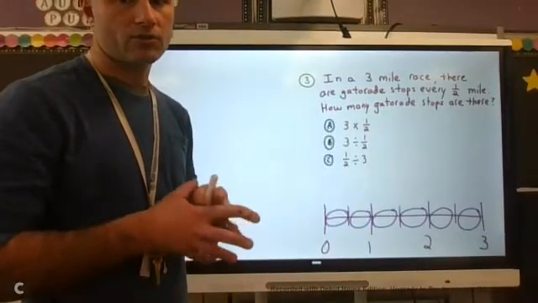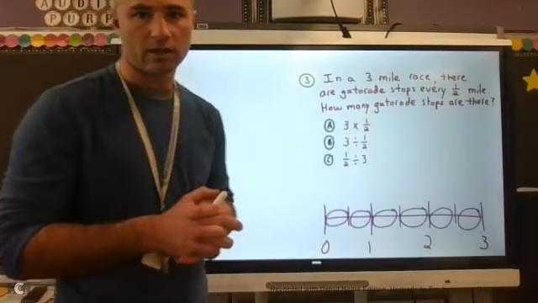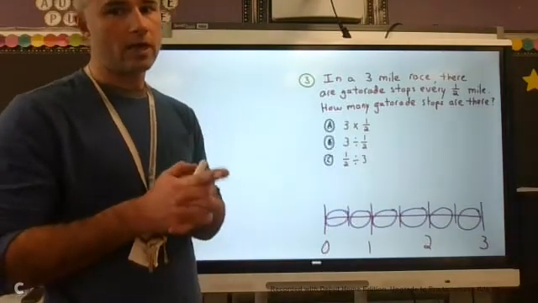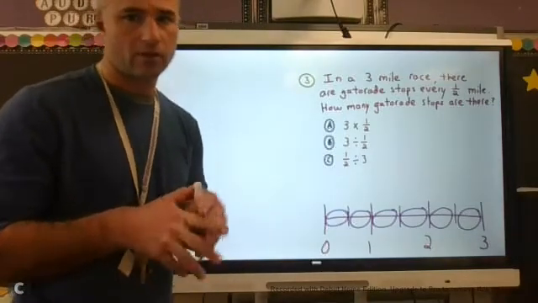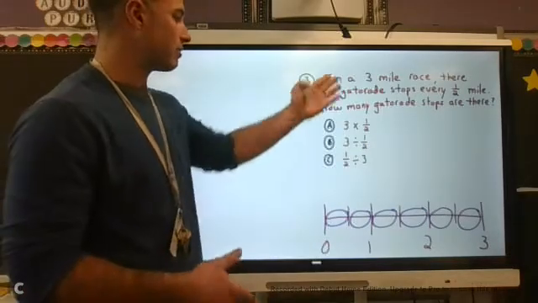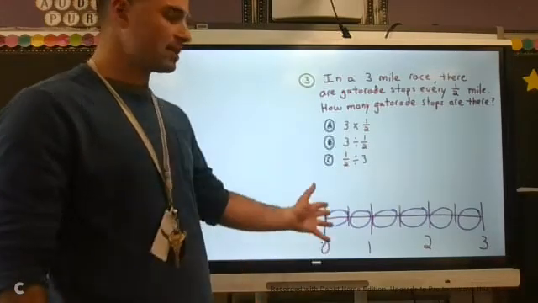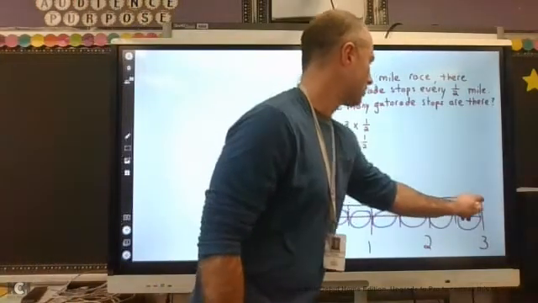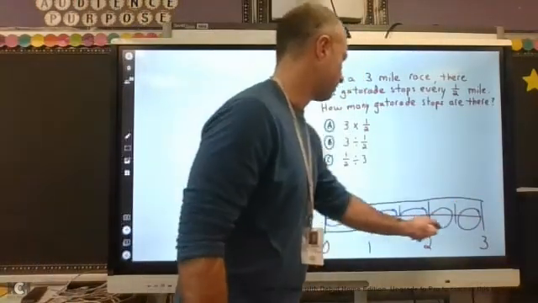So in a 3-mile race, there are Gatorade stops every half mile. I want to know how many Gatorade stops there are in this 3-mile race. So I drew, in this case, a number line. You could draw a rectangle. I could close this off and make it into a rectangle.